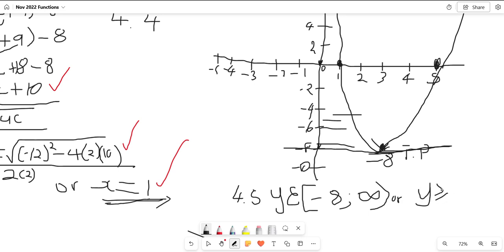Why are we using equal to? Because at negative 8, the graph is defined. It's either you write this part or you write this part. They are exactly the same.